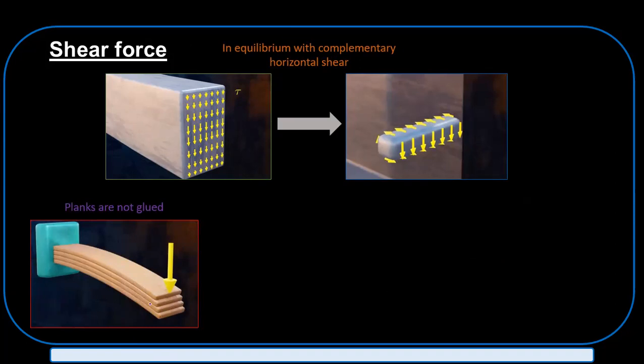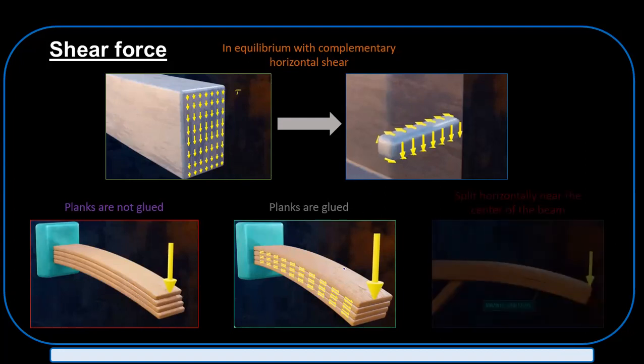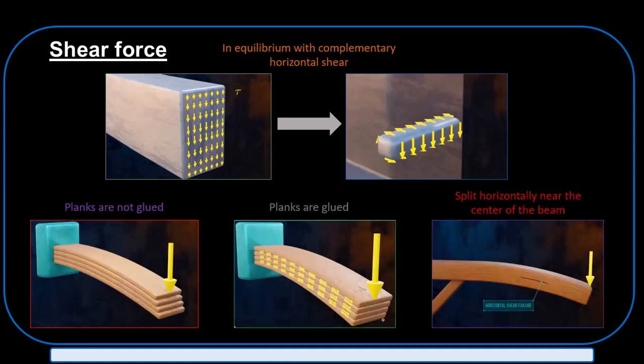But what happens if you glue them together? Then they can no longer move relative to each other. So there should be a resistance generated. What is that? That is called complementary shear, right?